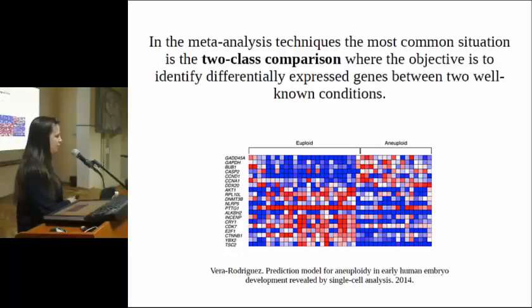And the most common situation is the two-class comparison, where the objective is to identify differentially expressed genes between two well-known conditions. And differentially expressed means expressed significantly higher or lower between the two conditions you want to study.